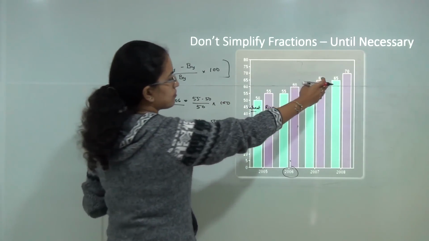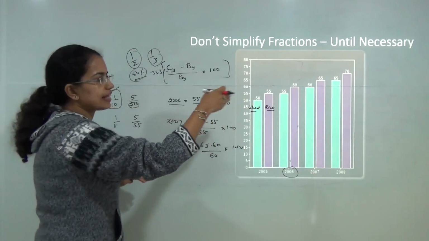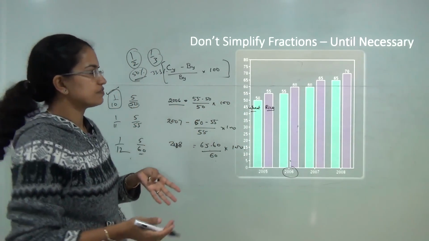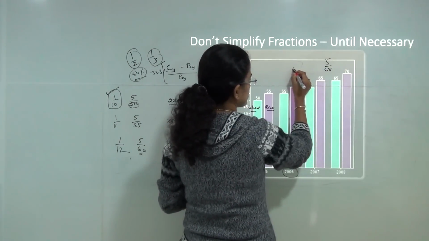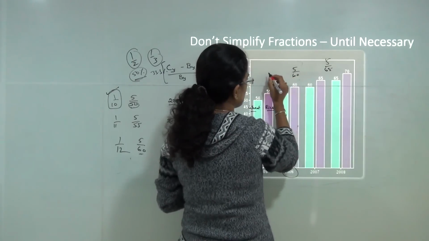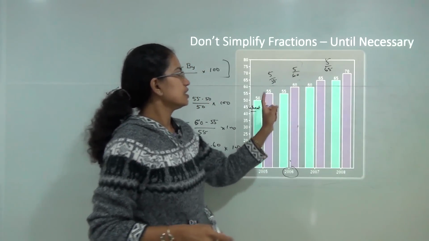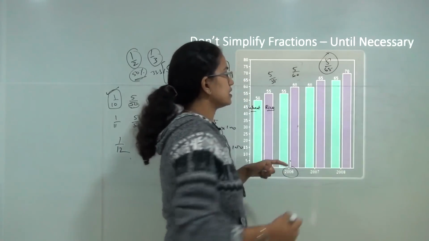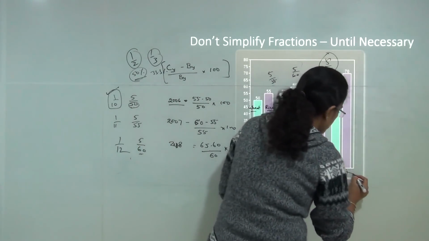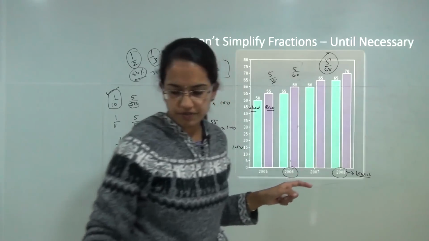For the last one you would have 5 by 65 into 100, and that 5 by 65 would be the lowest fraction, because in this case you would have 5 by 65, in this case 5 by 60, in this case 5 by 55. So these would be the three for the rice, and this would be the lowest among the three. So year 2008 would have the lowest increase in rice production, which could be visualized.